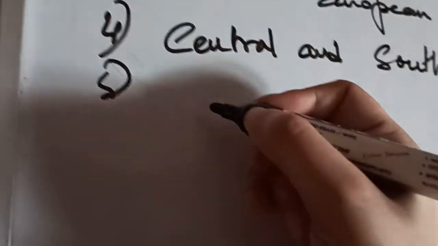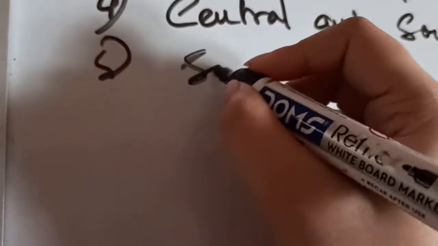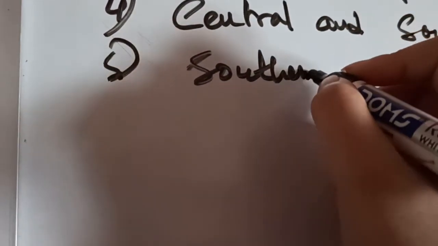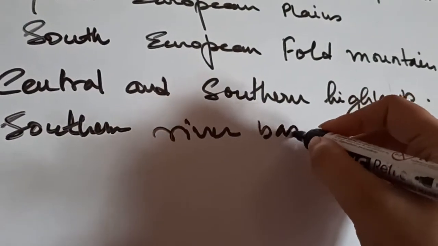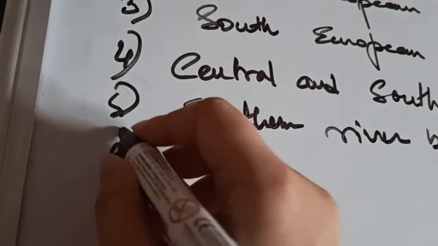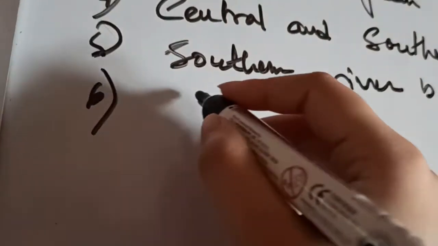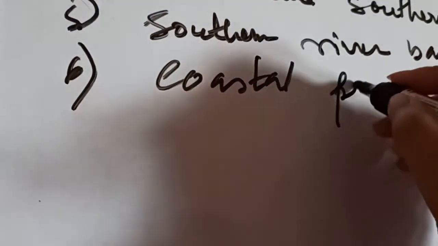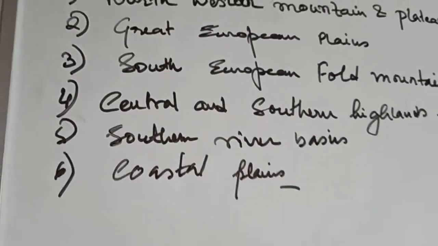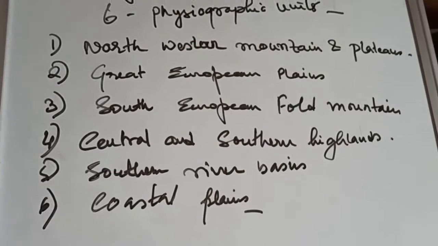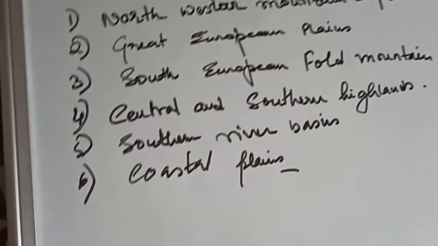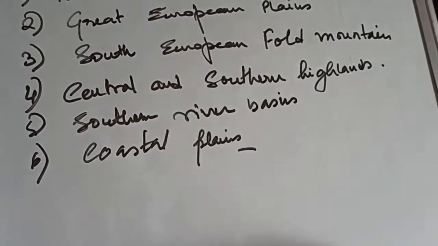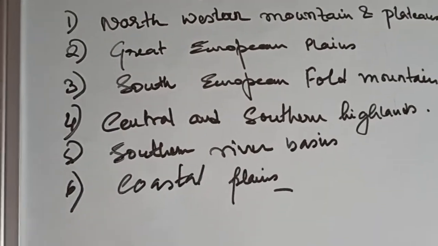Number 5, the Southern River Basins. Number 6 is the Coastal Plains. So these are the 6 physiographic divisions, or the landform divisions, of Europe.